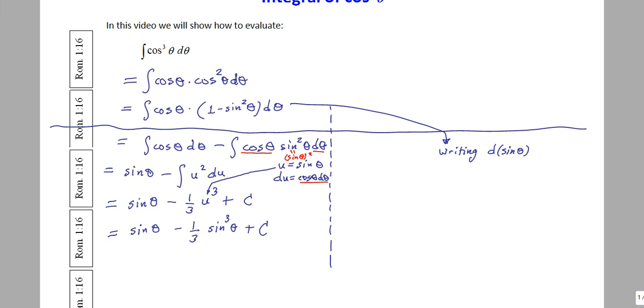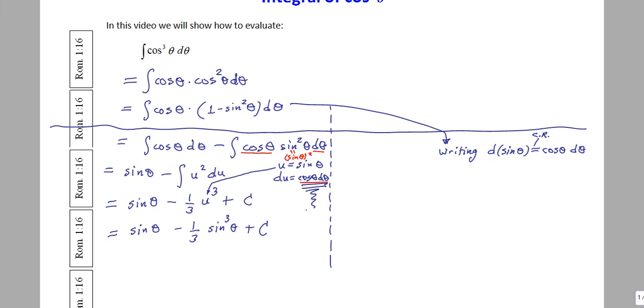This is a differential of sine of theta, so by the chain rule, I take the derivative of sine of theta, that's cos of theta, and then the derivative of the argument theta, that's d theta. That's exactly what we had over here when we called that du.